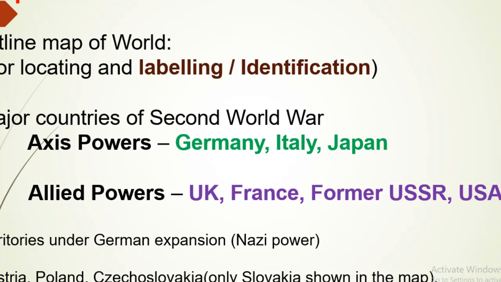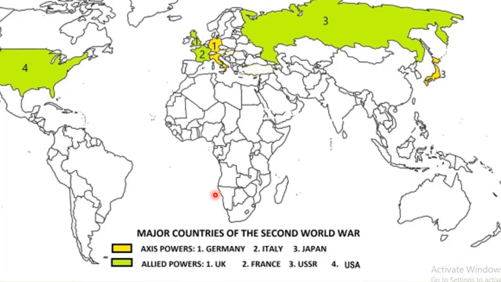So that whenever you get the world map, children, on this world map, it is clearly mentioned, the major countries of the Second World War. So first let us see this yellowish color in the box, or the key, or you can call it legend, Axis powers. Number 1, Germany. You can see here Germany, come to the European region.